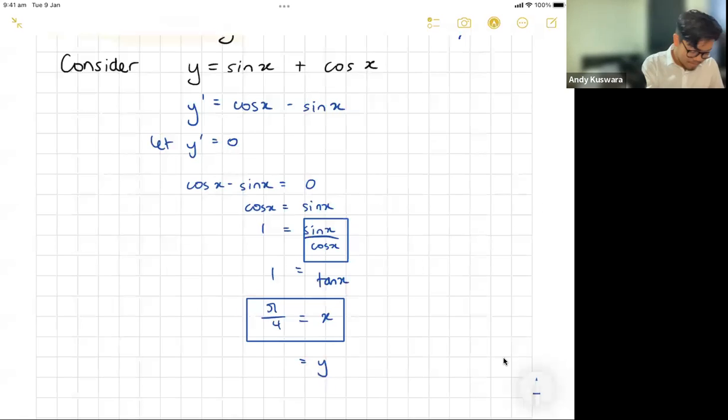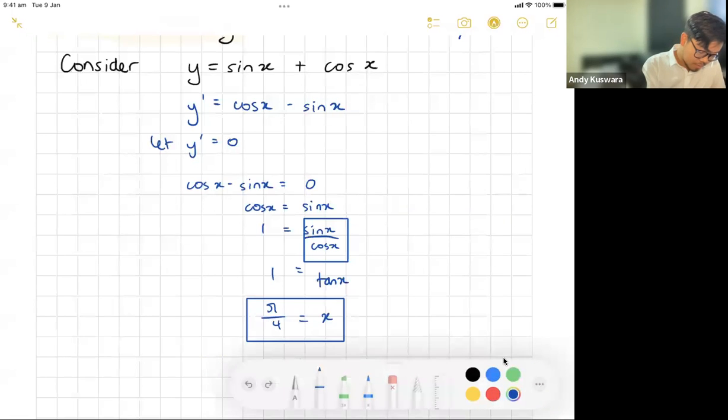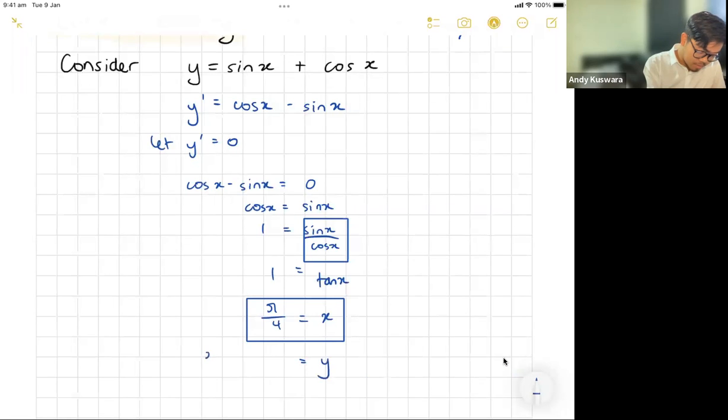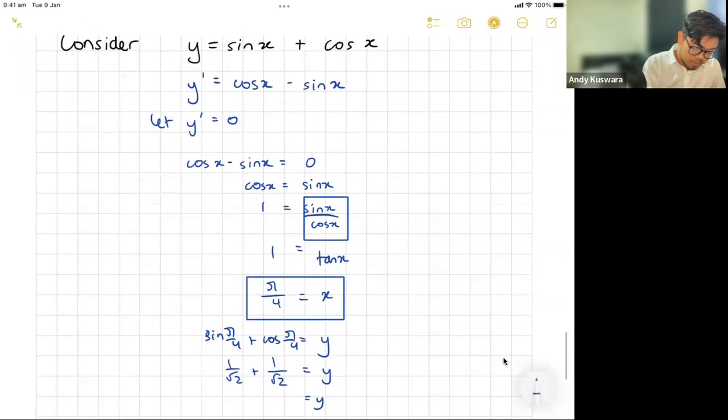Going back to the original, sine pi on 4 plus cos pi on 4. So y is going to equal sine pi on 4 plus cos pi on 4, which is 1 on root 2 plus 1 on root 2, and that means we've got y equals 2 on root 2.